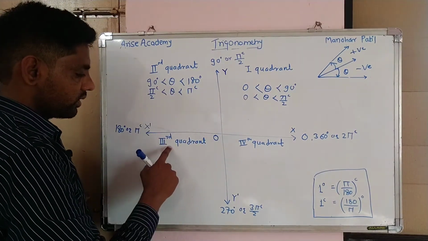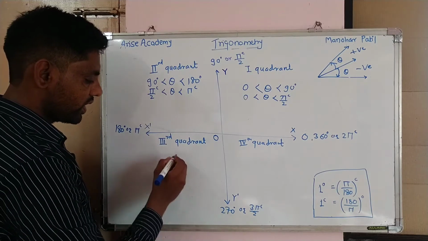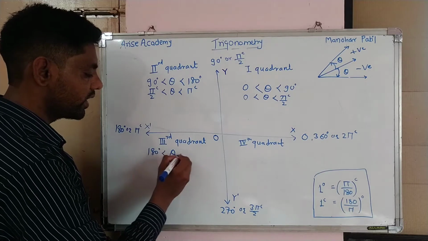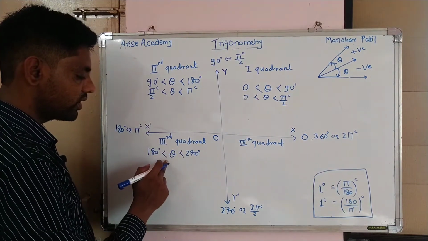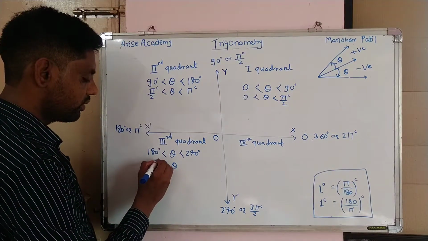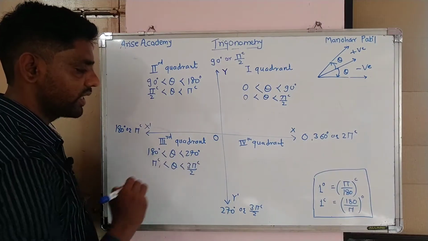In the third quadrant, the angle lies between 180 degree and 270 degree, so theta is greater than 180 degree and less than 270 degree. In radian form, theta is greater than pi radian and less than 3 pi by 2 radian.